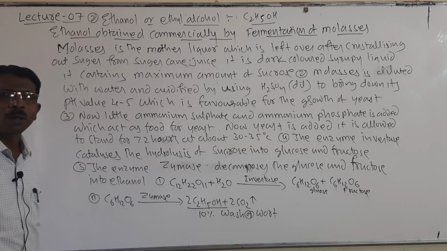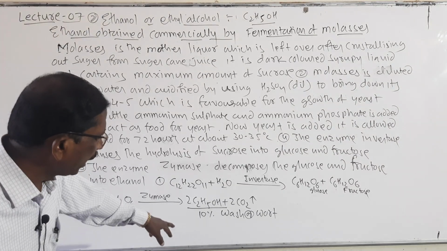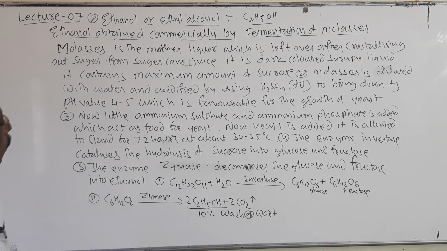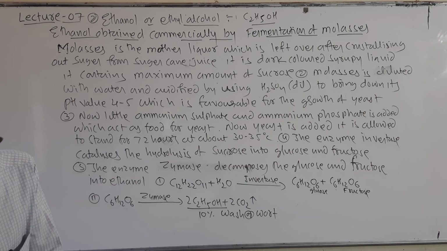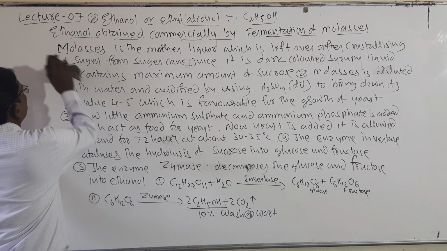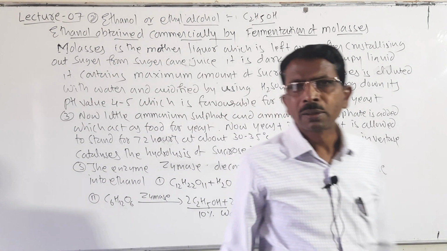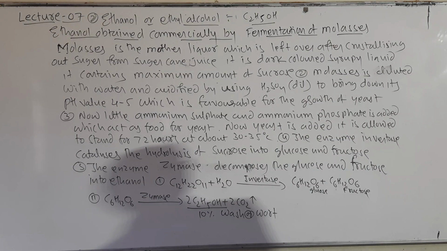So it is about molasses. Now it is only 10%, students, and here it is subjected to fractional distillation. I think it is clear to you all. It is about molasses.